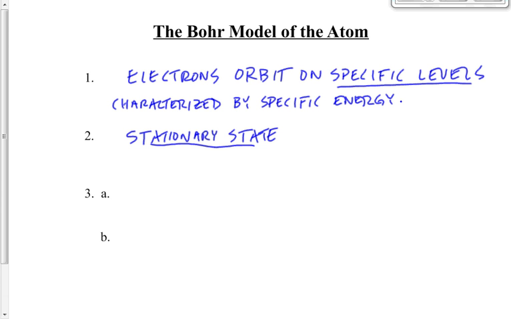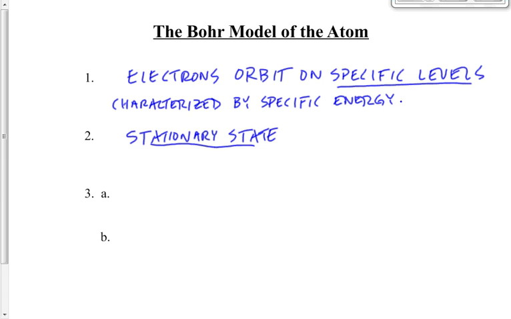Well, here's the problem. The Rutherford model of the atom said that electrons orbit around the nucleus in circles. When things move in circles, they experience a centripetal acceleration, an acceleration directed toward the center. They accelerate, right? They don't necessarily change speed, but they change direction. So that's an acceleration.